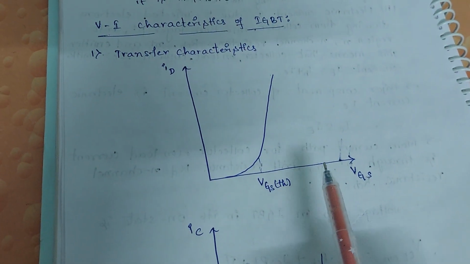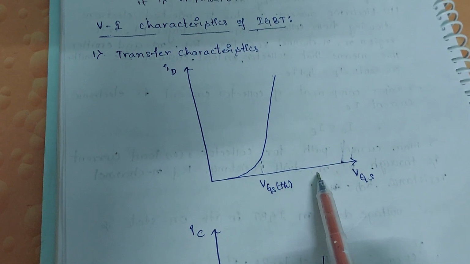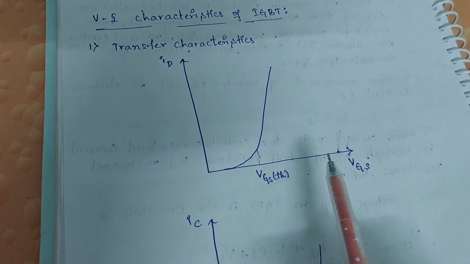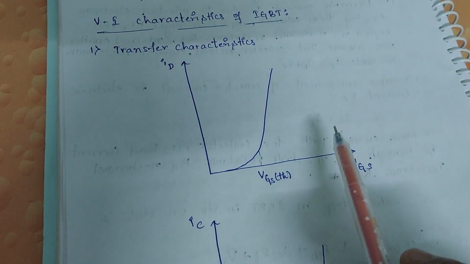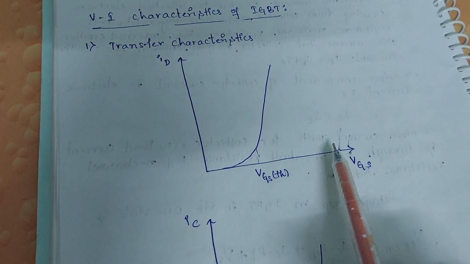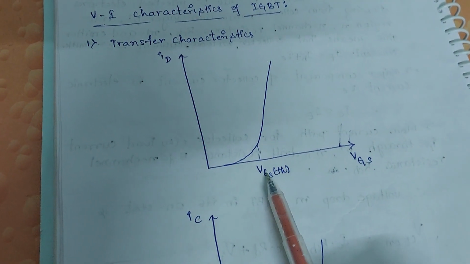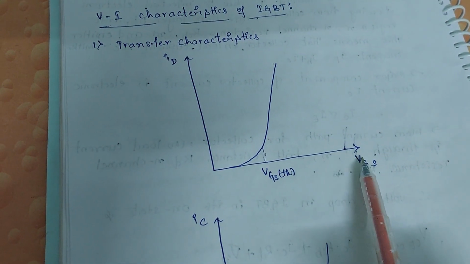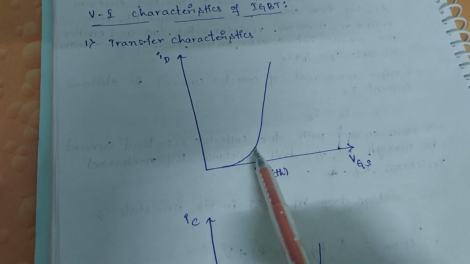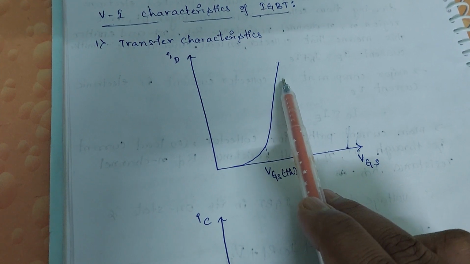The drain current ID is a function of the gate to source voltage VGS, and the curve is reasonably linear over most of the drain current range when the gate to source voltage is greater than the threshold voltage.